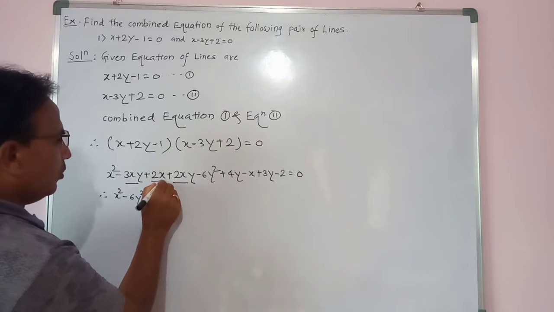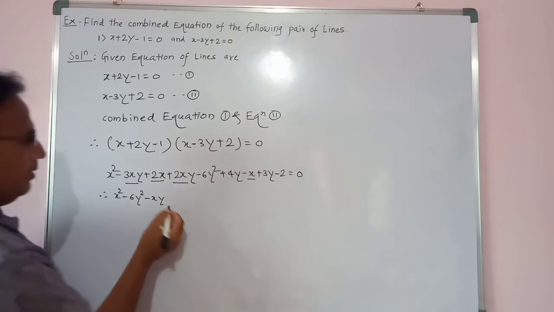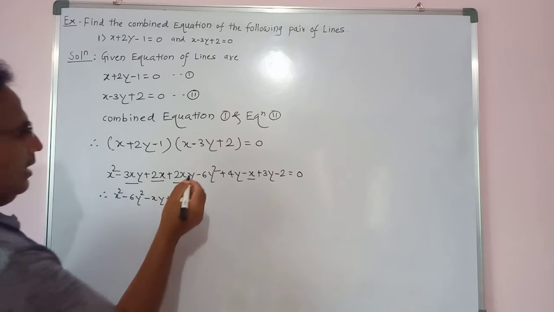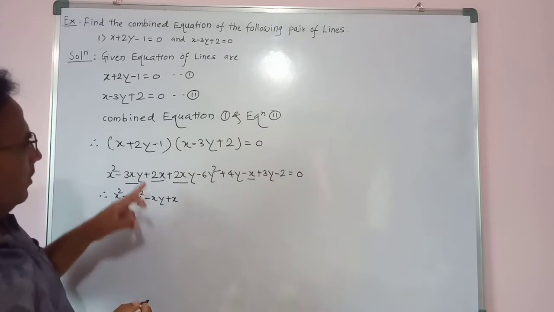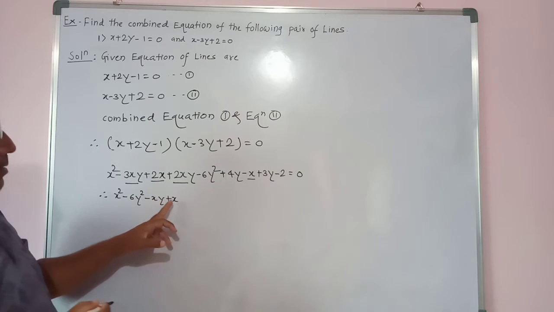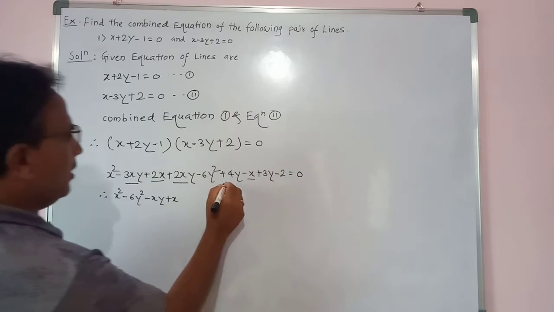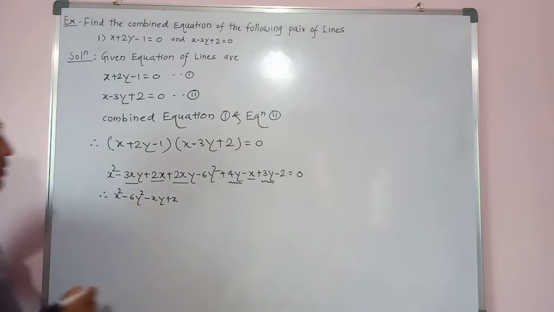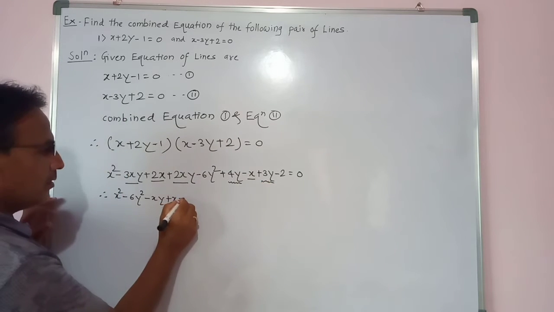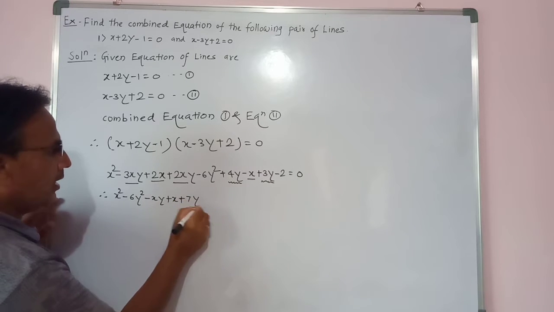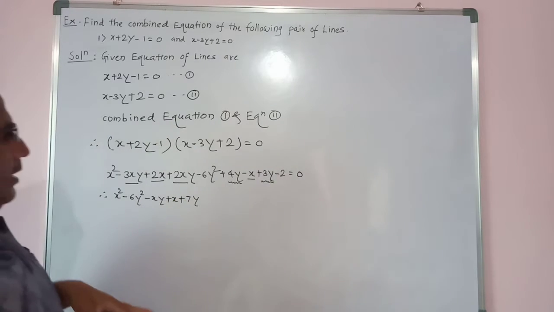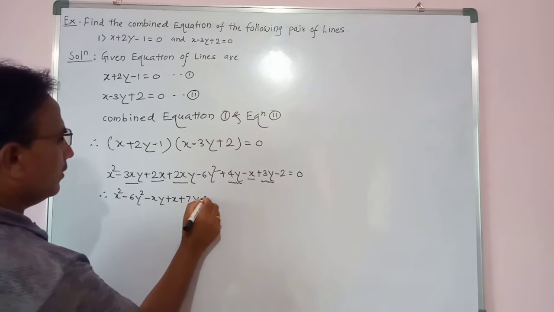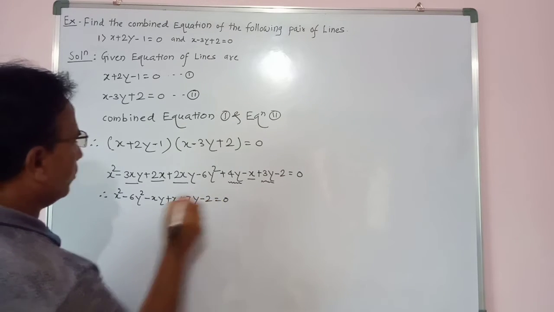The similar terms, 2x minus x is plus x, and 4y plus 3y is 7y, and the constant term is minus 2 equal to 0.